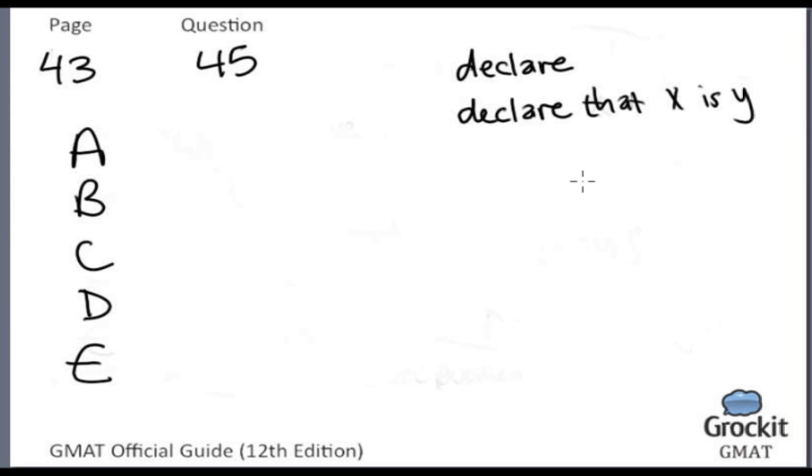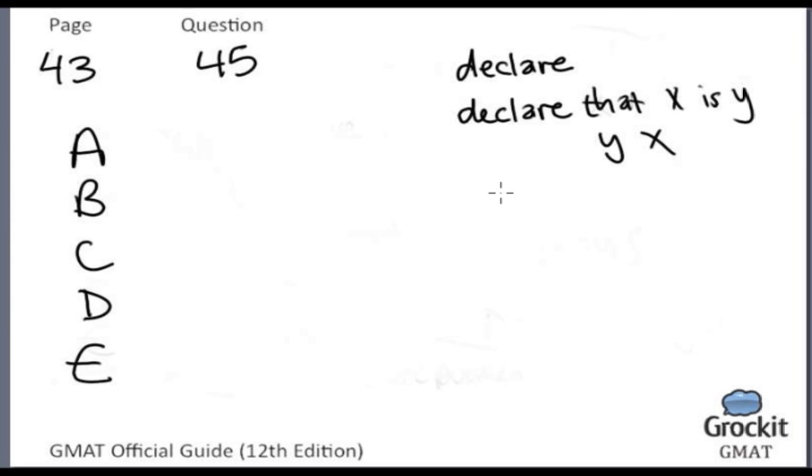The normal idiom of the word declare, there's a couple different ones. You either declare X, sorry, that's not true. You declare that X is Y. You can declare Y X. I declare it good.